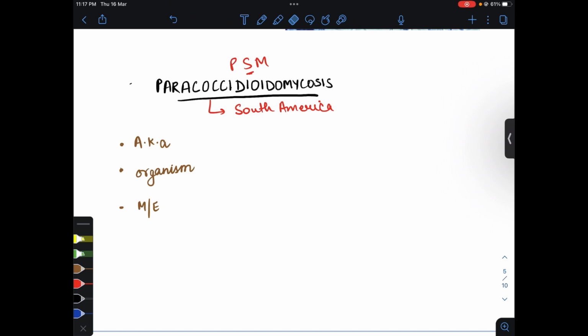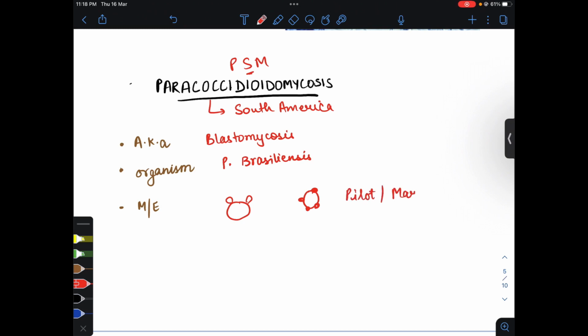So Paracoccidioidomycosis is South American blastomycosis, and the organism is Paracoccidioides brasiliensis. And on microscopy we see a Mickey Mouse appearance like this, or we can also see a pilot wheel appearance. The other name for pilot wheel is mariner wheel appearance.